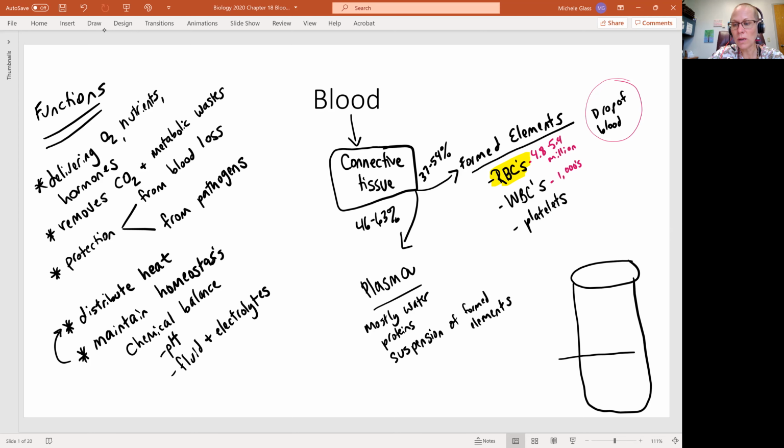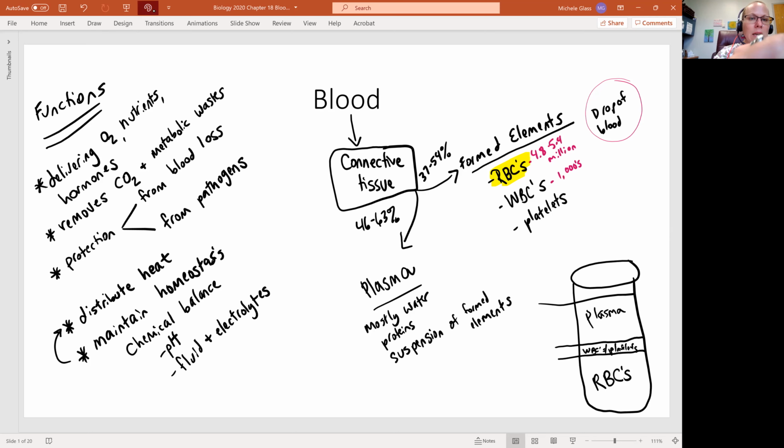And when you do this, at the very bottom, you get your red blood cells. And then you get this layer in between, and this is going to have your white blood cells and your platelets. And then you're going to get your plasma at the very top.